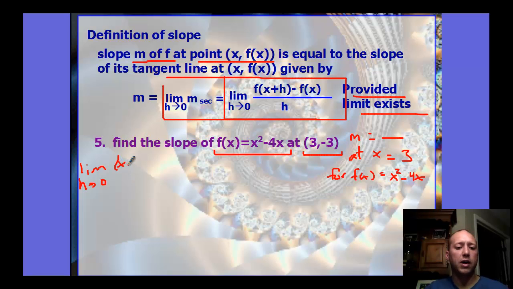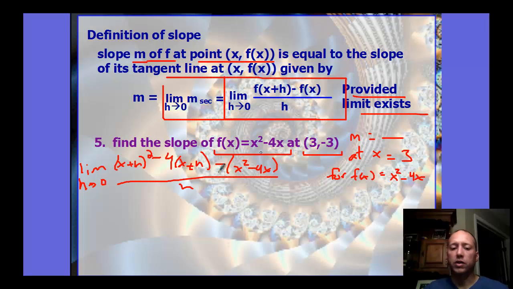So if I use the substitution, it's going to be (x plus h) squared, minus 4 times (x plus h), minus f of x, which is x squared minus 4x, all over h. So we can do some simplifying here.